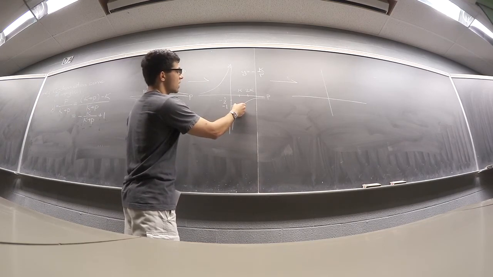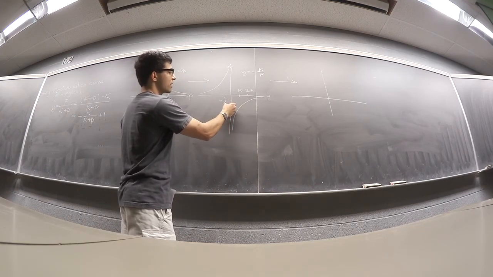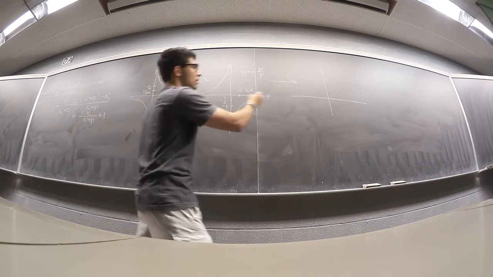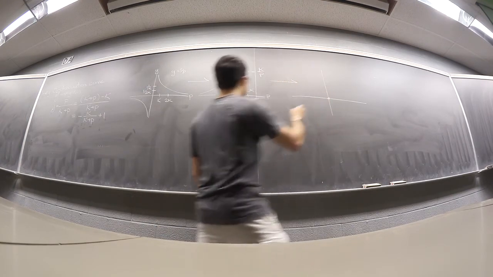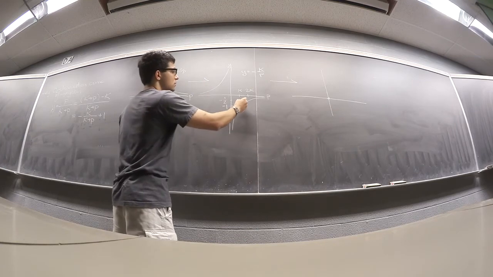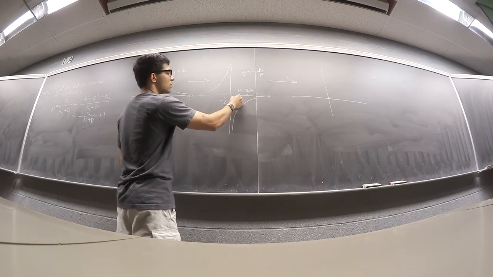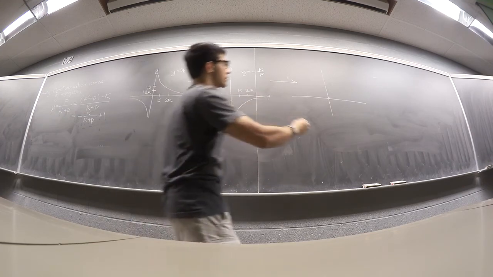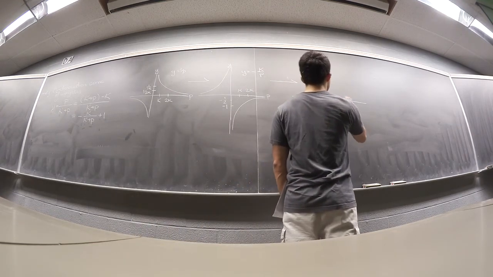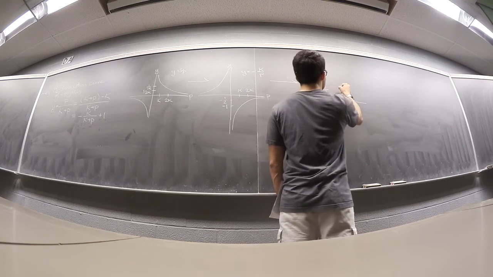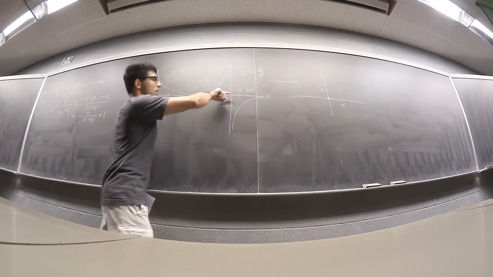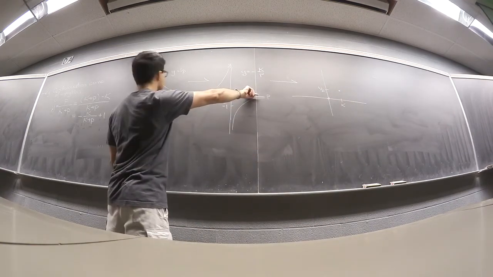So, shift this guy left by k, this point goes over here. Shift up 1, it ends up here. This guy gets to k, and then up to plus 1/2. This asymptote gets shifted up by 1.